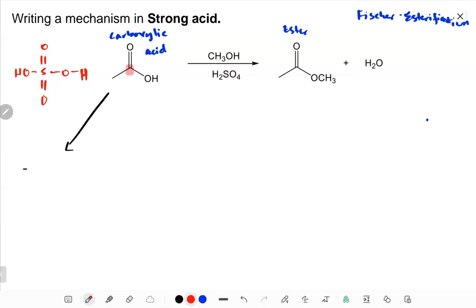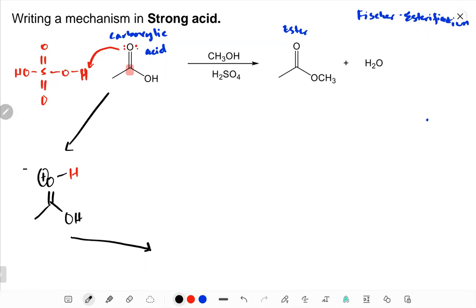So what will happen next is that the lone pairs in this oxygen, in this sp2 oxygen, will abstract a proton from the sulfuric acid. And the product of such a process will be like this. A highly electrophilic species. You have OH here.